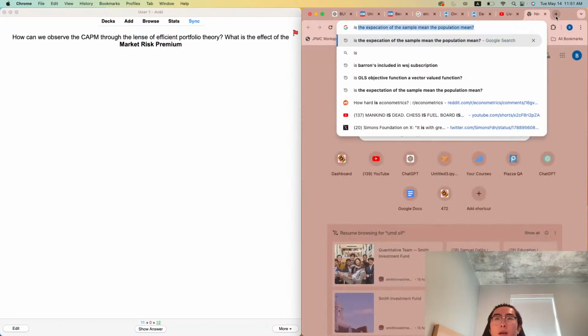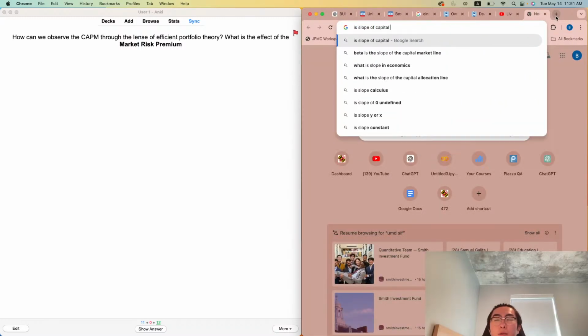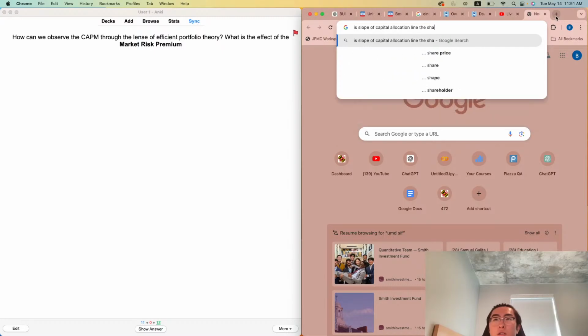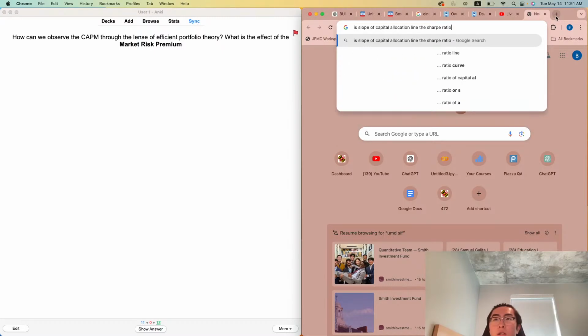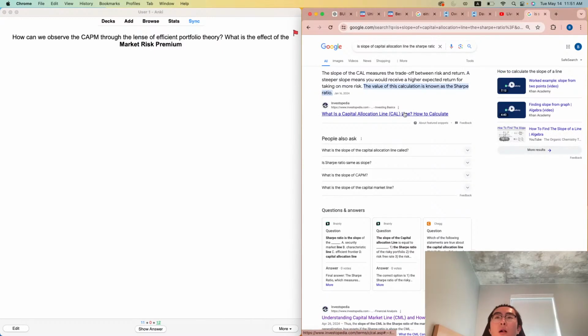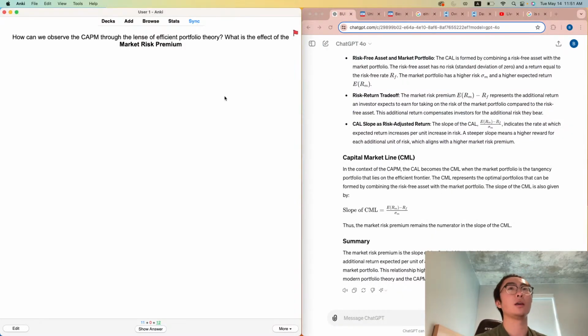So the slope of the capital allocation line is the Sharpe ratio. Okay, so that actually is very helpful. I'm going to write that down and then I've got to use the bathroom real quick.